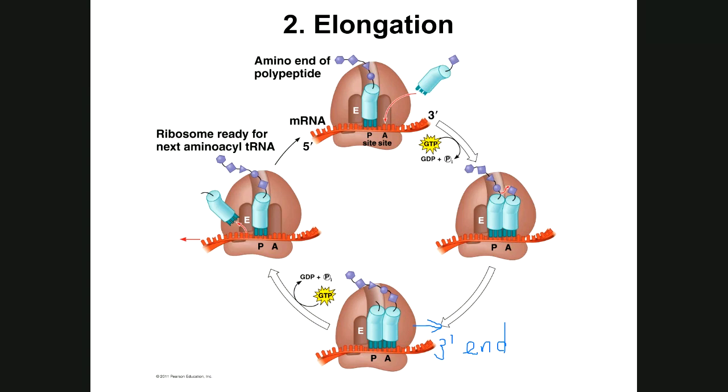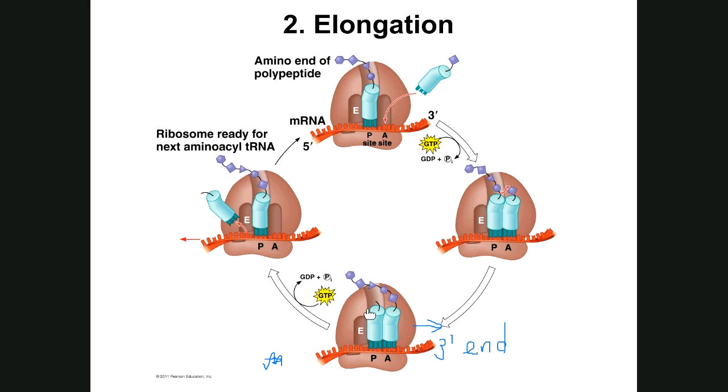Again, the ribosome is the one that is doing the moving. The ribosome will shift towards the 3' end, or another way to put it is the ribosome will shift downstream to the next codon. So that is what they are showing you from here to here.